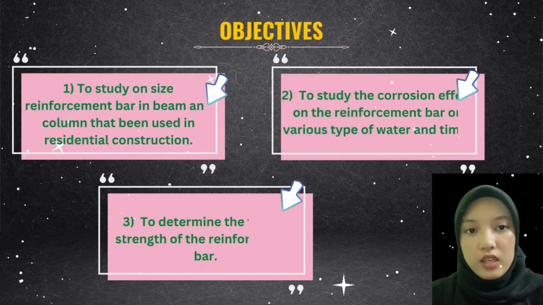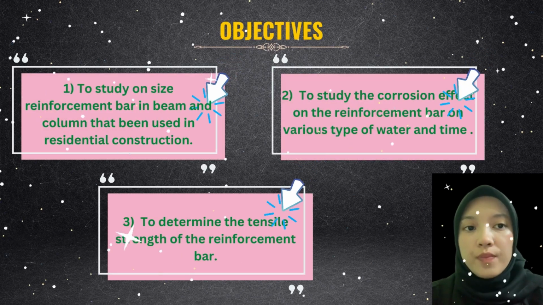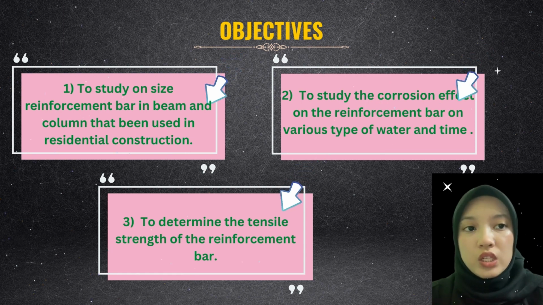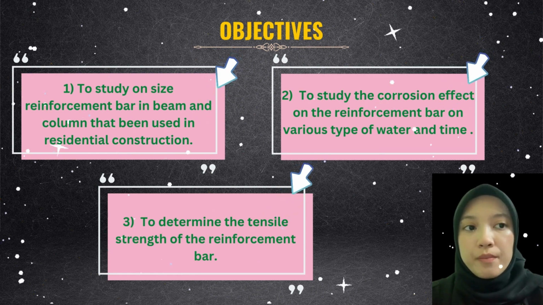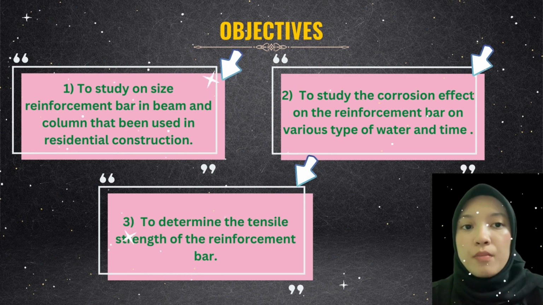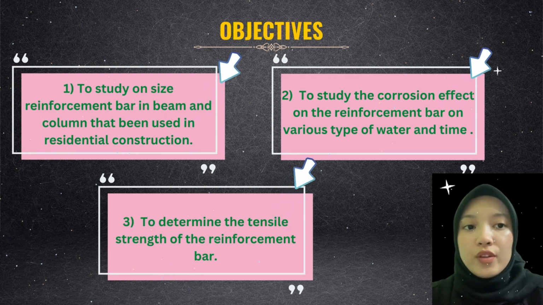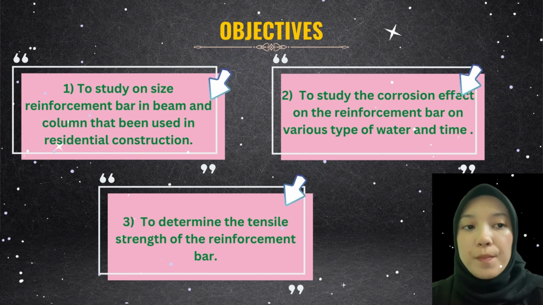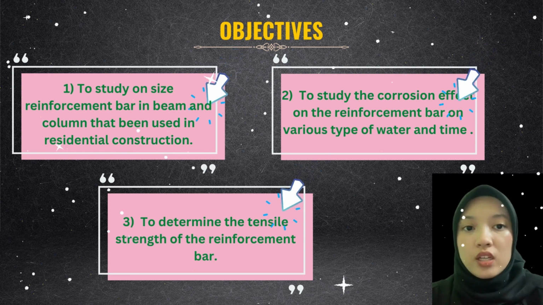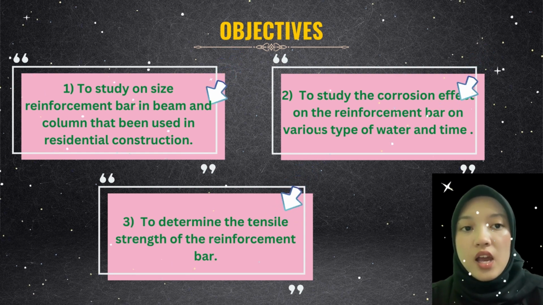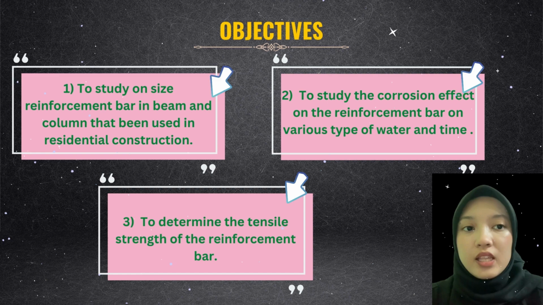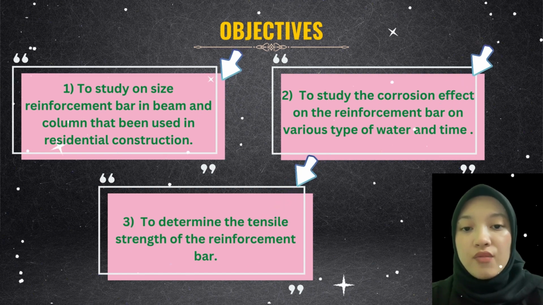Next, for the objective, the project's overall aim is to look into the strength of the reinforcement bar after testing, based on the reality of the floods that happened in Malaysia, especially in residential areas. As a result, the aims of this study are as follows.